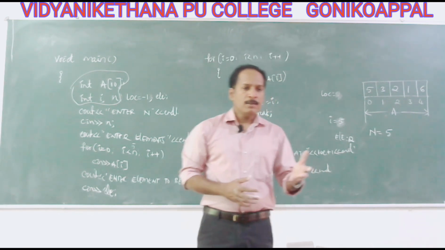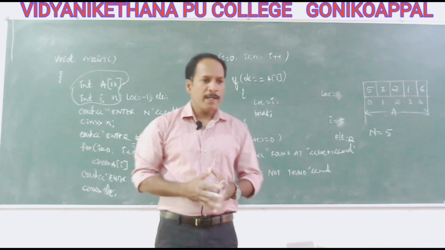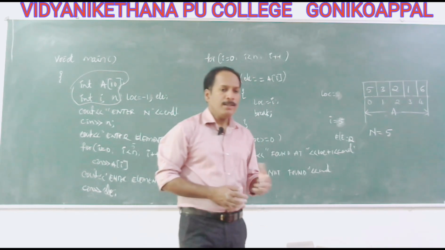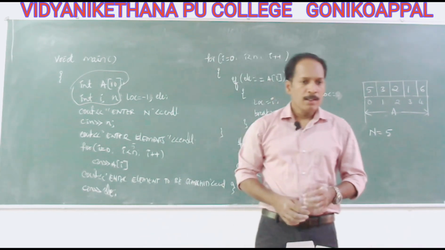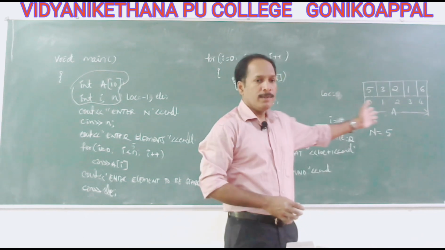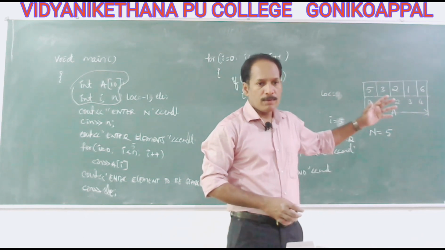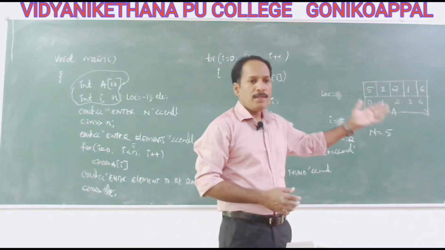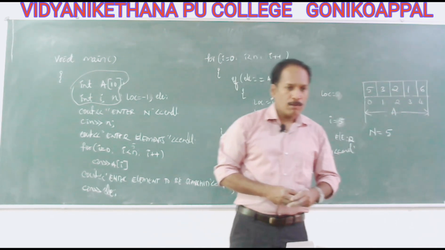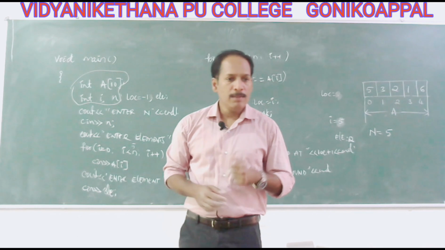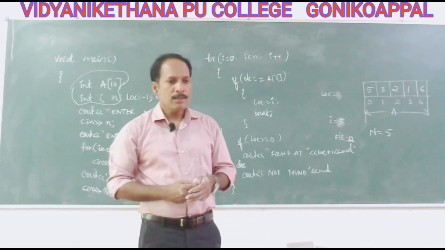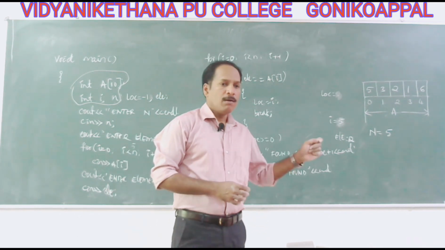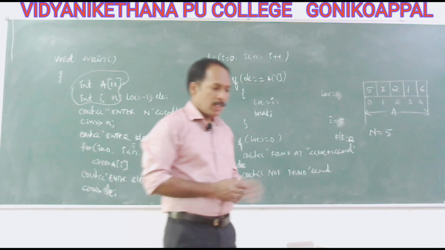So what does the drawback mean? The time taken to decide that an element is not present can be made only after comparing all the elements. You cannot decide immediately. You have to compare all the elements, then decide whether the element is present or not. So that's why it takes time.